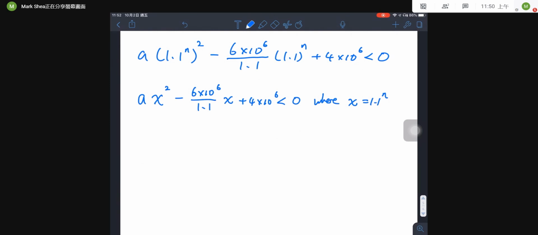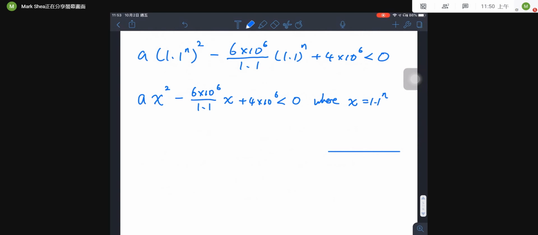Remember, this is a quadratic inequality. So we need to sketch the graph of this quadratic, I mean the expression at the left hand side. How can we sketch? We need to find the two x-intercepts first. After you use the calculator formula, you may find there's a math error.